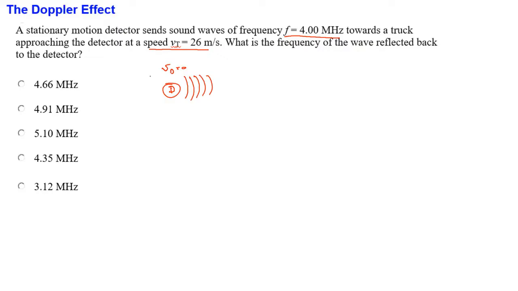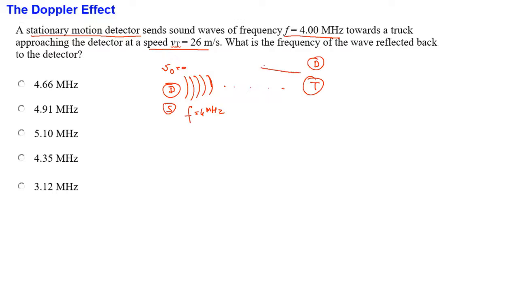Of course my motion detector plays the role of a source here at the beginning, because it sends a sound and the frequency that it's sending is F, which is 4 megahertz. So it goes and the track is approaching. The track here is a detector at first.